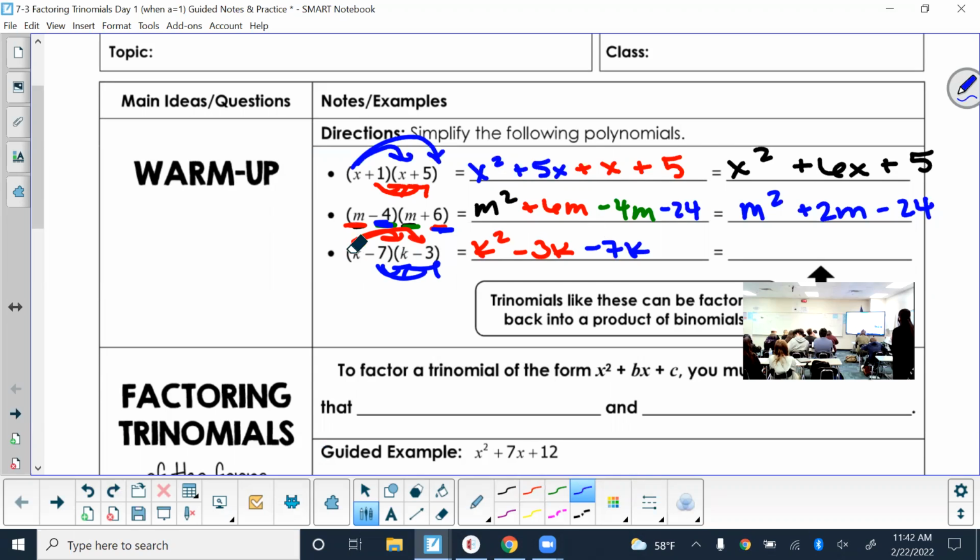And then -7 times -3? Positive 21. All right, combine like terms. What's -3k minus 7k? And then bring down the other two things that don't have any like terms, k squared and plus 21. So here's what your answer should have been for the warm-up. Any questions about that process?